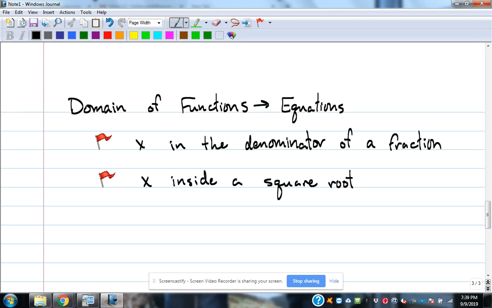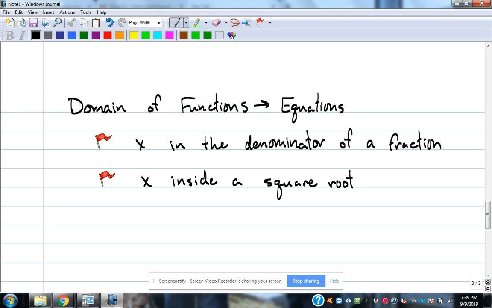Square roots of negatives. That gets us into the complex number system. With the i's, I remember taking like the square root of -4, and it's 2i, that sort of thing. Well, when we're talking about domain, we're talking about x values on the coordinate plane. So we're not concerned about the complex number system. We're only concerned with the real number system.